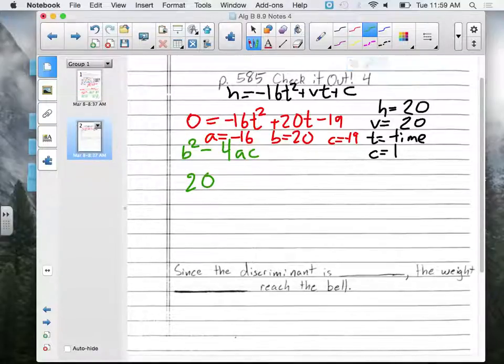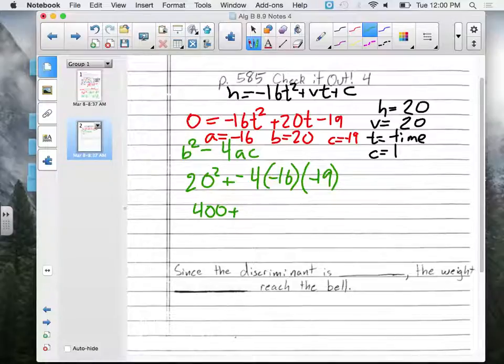So we have 20 squared. We can add the opposite, 4 times negative 16. What's 20 squared? 400. Plus, what was that big number before?